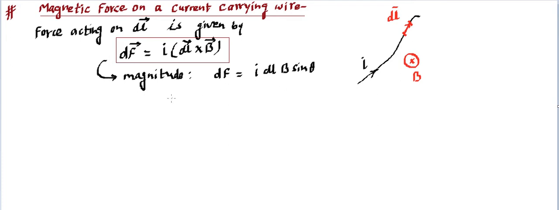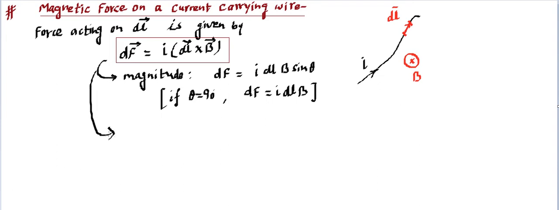In this particular case, theta is 90-degree. So if theta is 90-degree, then dF will become simply I dl into B. Now that dl is a differential length that requires integration in order to simplify the entire stuff. So that's the magnitude of this force.